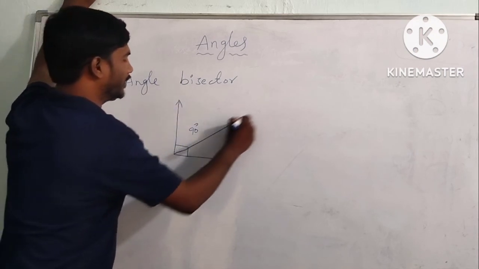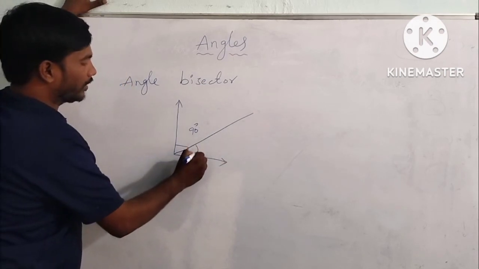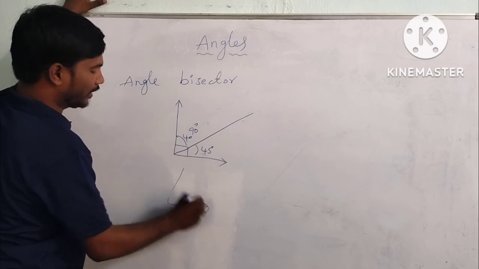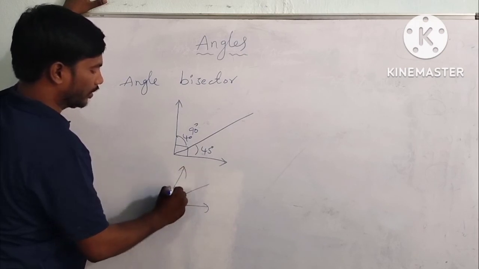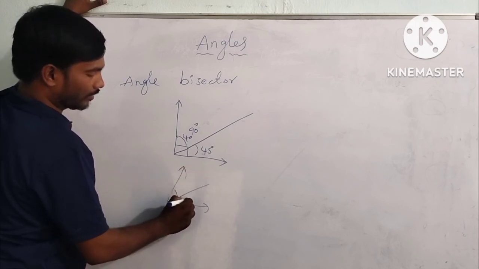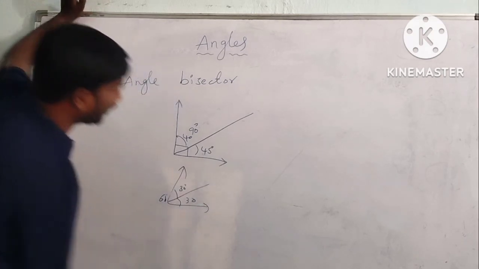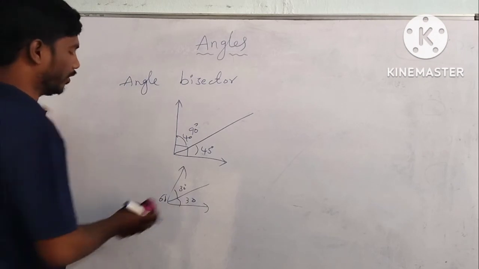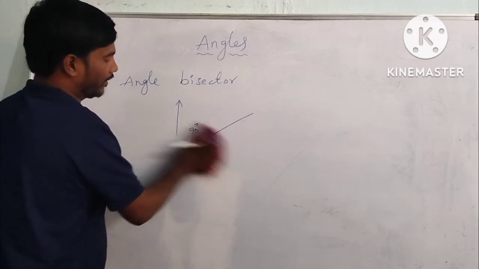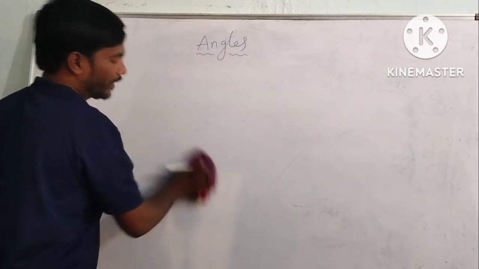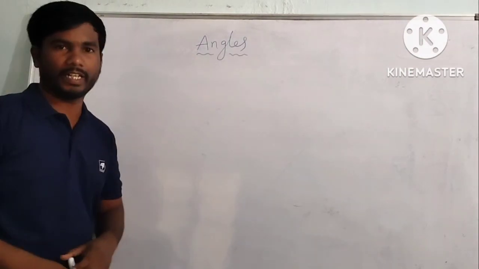So if you bisect it, you divide it into two parts, 45 degrees, 45 degrees. If it is 60 degrees and you divide it into two parts, how many degrees? 30 degrees, 30 degrees. So bisecting means dividing into two equal parts. Trisecting means tri means 3, so 3 equal parts.